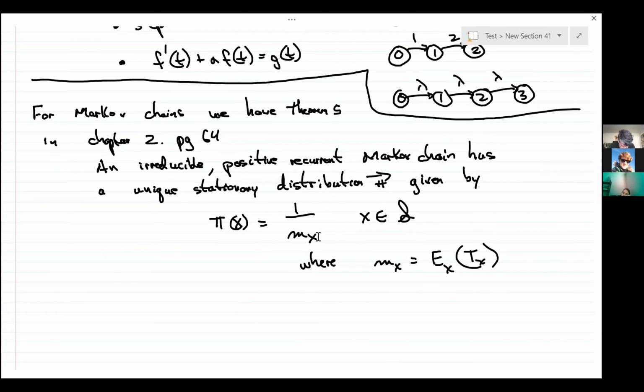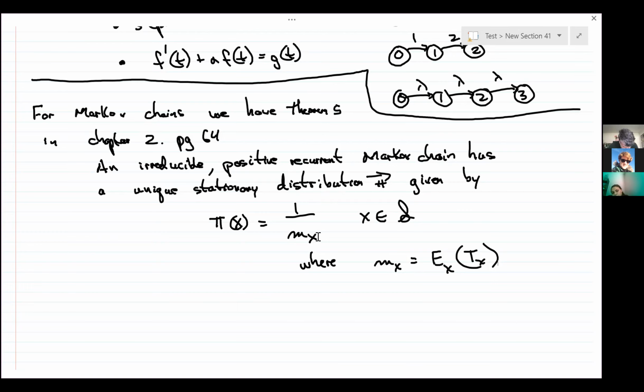I'll say it out loud before I write it, and then I'll go from there. An irreducible positive recurrent process has a unique stationary distribution pi. And here they leave off the exception, unless S consists of a single necessarily absorbing state, it is given by this.